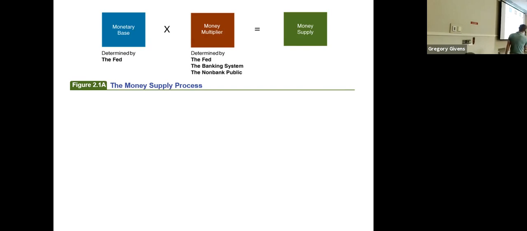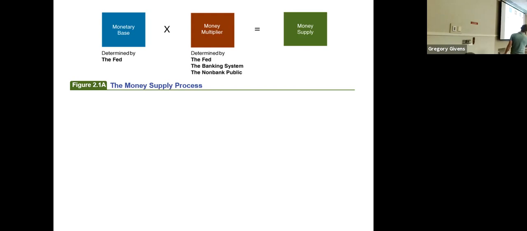The diagram shows that the total supply of money is equal to the product of two things. One of them is this concept called the monetary base, and the other is this different concept called the money multiplier.